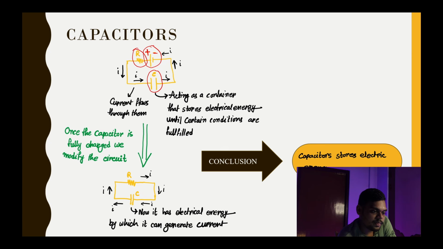The battery has a positive terminal which has higher potential energy, and it has also a negative terminal which has lower potential energy. So the positive charges flow from higher potential energy to the lower potential energy through the circuit.